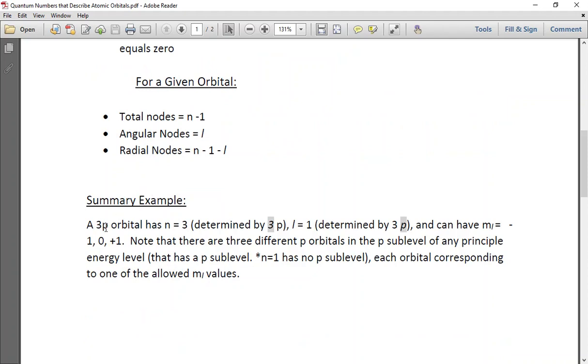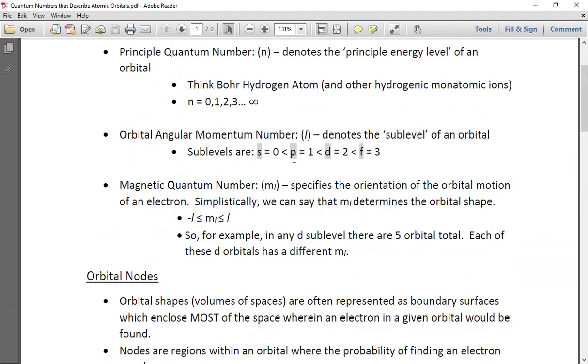A 3p orbital has n equals 3. Again, that principal energy level is denoted by the coefficient 3 in front of the letter p. It has an angular momentum quantum number of 1. Now that's determined by the letter p, right? So remember that the p sublevel has an angular momentum number of 1.